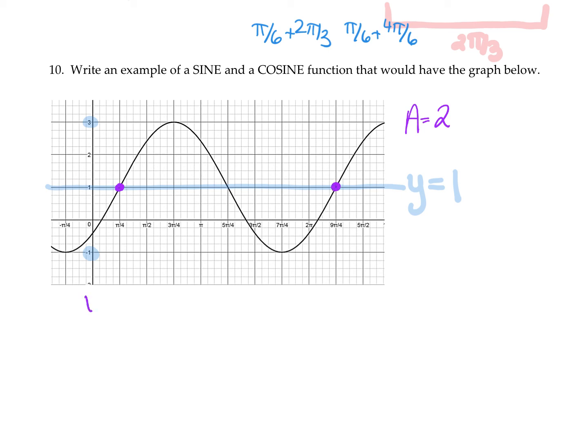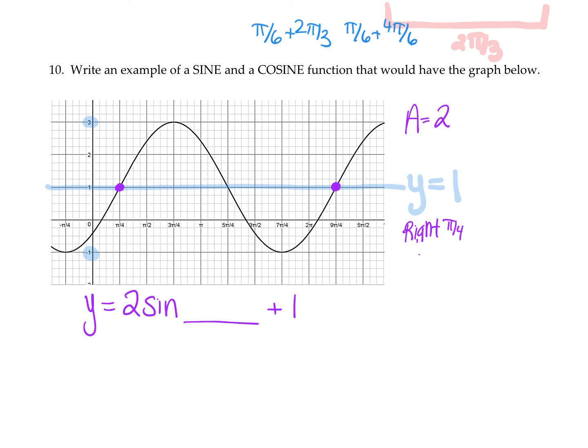So let's start writing this. I already know my amplitude is 2 sine. I'm going to fill this part in, and I'm going to have +1 for that upshift. Now, it looks like my sine is shifted right pi over 4, so that's going to be minus pi over 4 when it's in the parentheses.